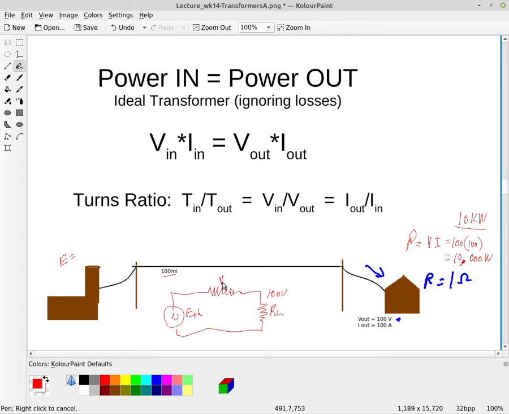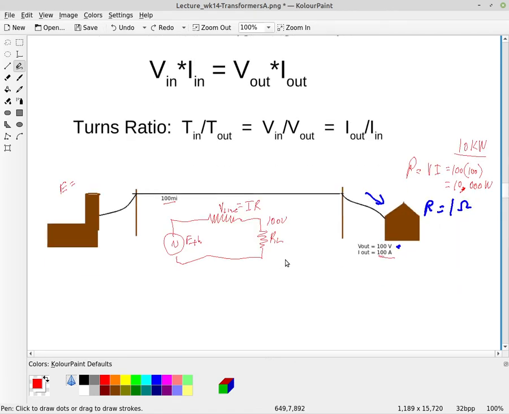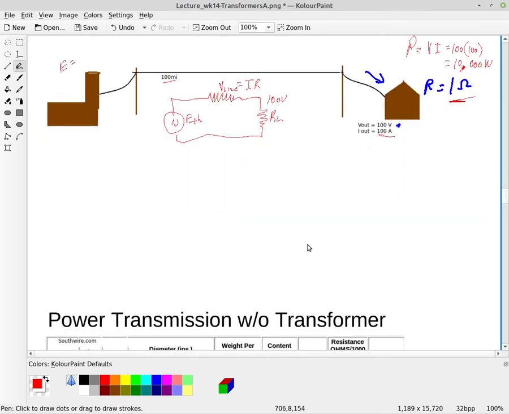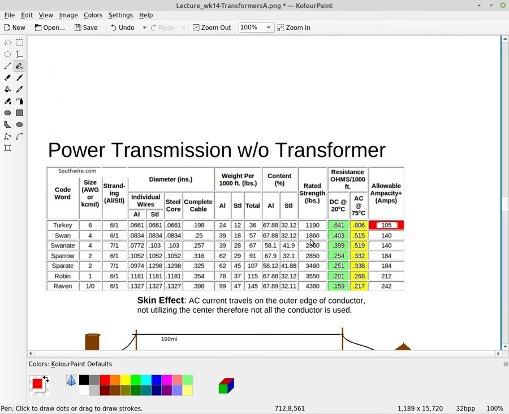The voltage dropped in the line is the current I, which was 100 amps, times the resistance of that wire. And 100 miles of wire, there's going to be quite a bit of resistance. Remember, in my house I have 1 ohm of resistance. So let's see how much resistance is actually in the wire.